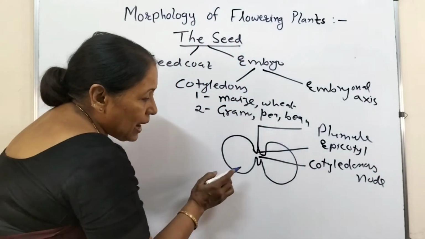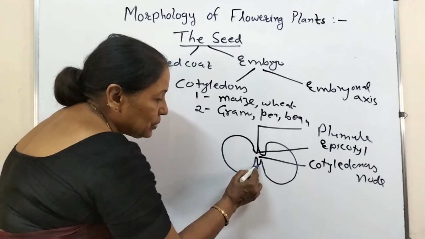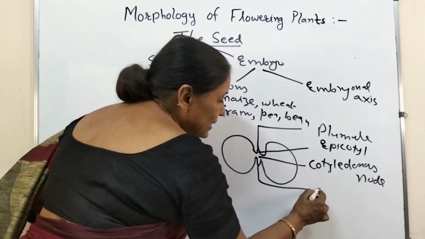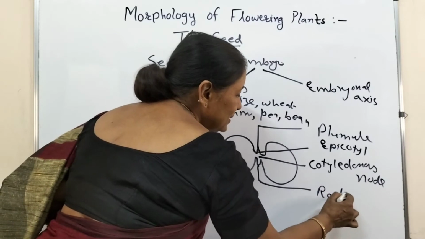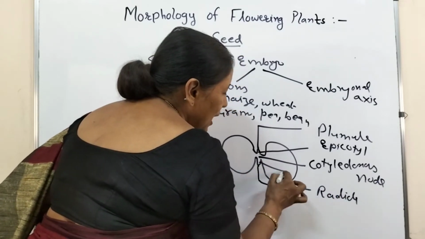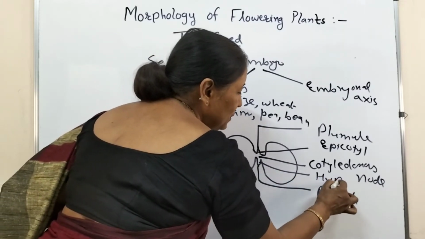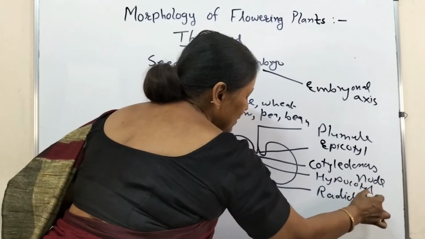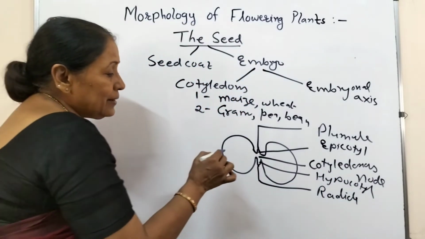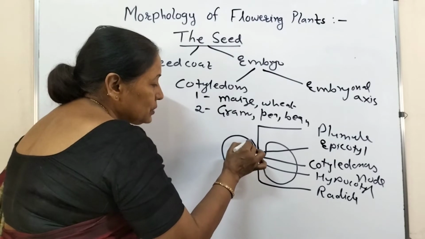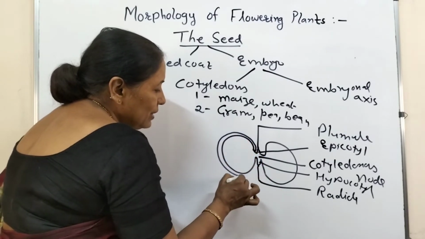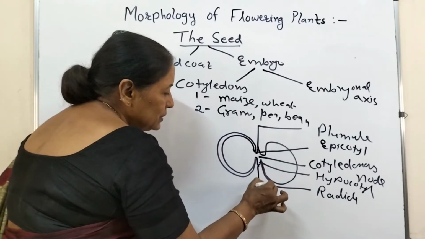Similarly, the part between this cotyledonary node and the radicle is called the hypocotyl. This seed has two seed coats.